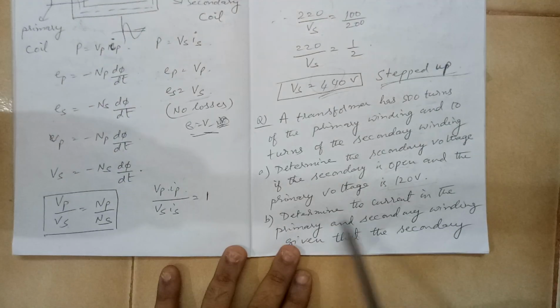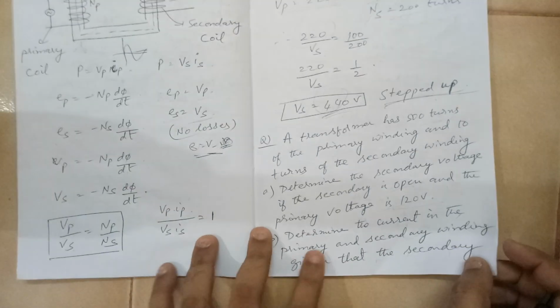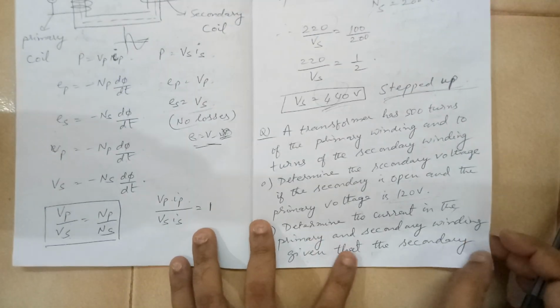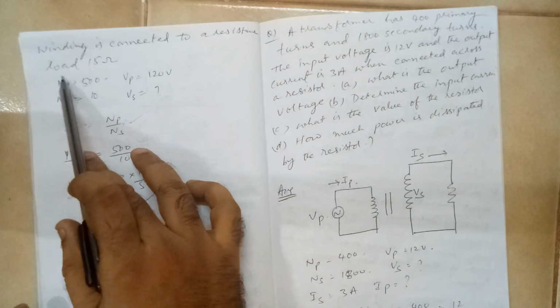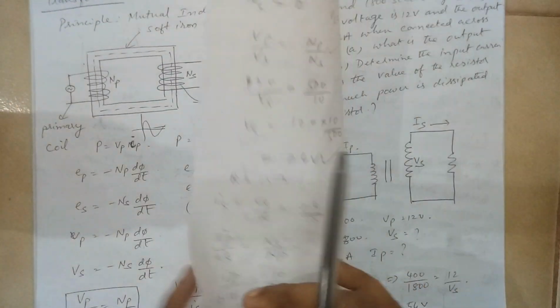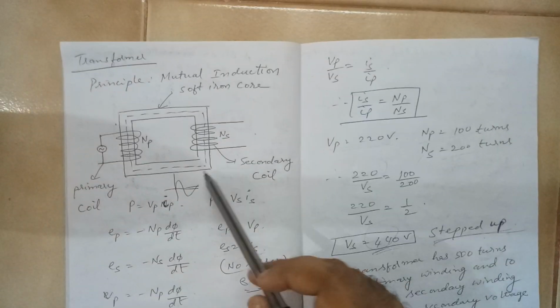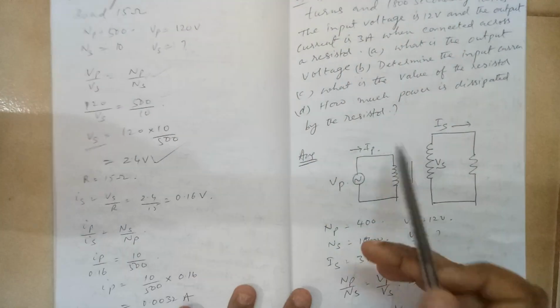Now he says to determine the current in the primary and the secondary winding, given that the secondary winding is connected to a resistive load of 15 ohms. Now the secondary is connected to an external resistance of 15 ohms.